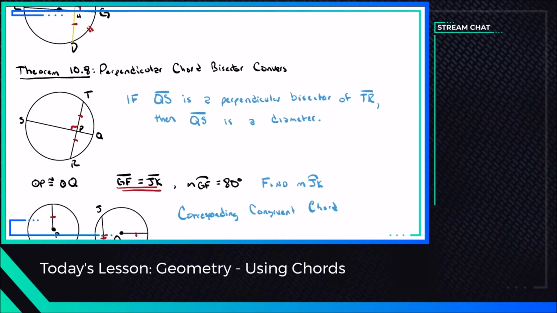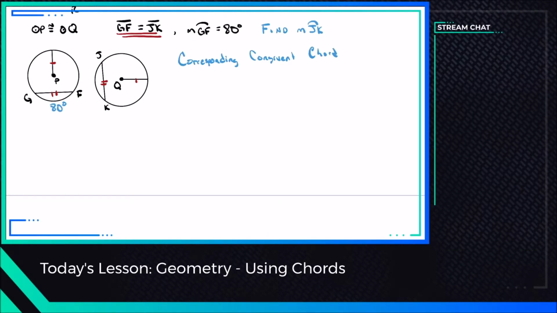Well, technically they are in the same circle because the two circles are also congruent. So you could imagine taking circle Q and overlapping it over circle P, and this chord would just be right here. So now that is chord JK. And since those two chords are congruent, the measure of arc JK must be equal to 80 degrees.